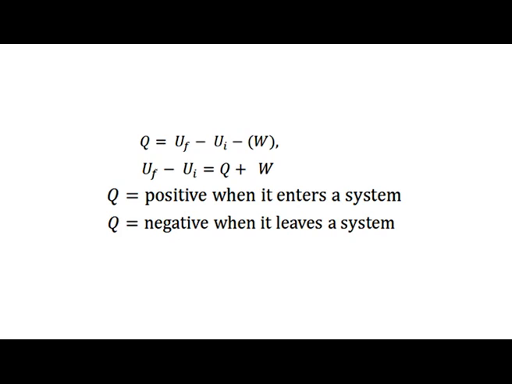Denoting the difference by Q, we have the equation Q is equal to U_F minus U_I minus W. That is, the difference between the two internal energies and work. U_F minus U_I is equal to Q plus W.